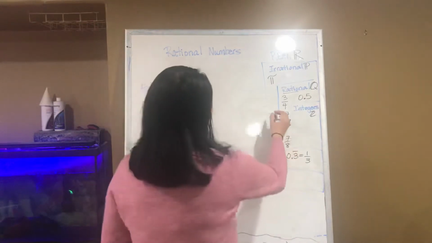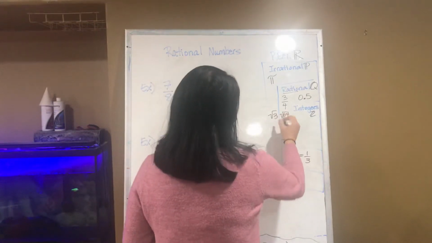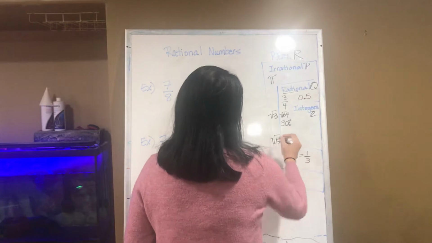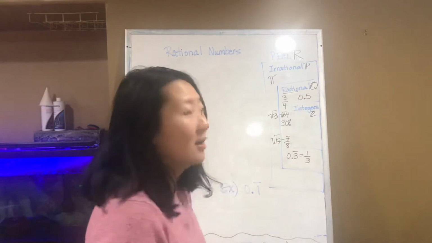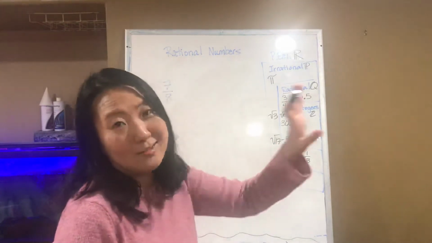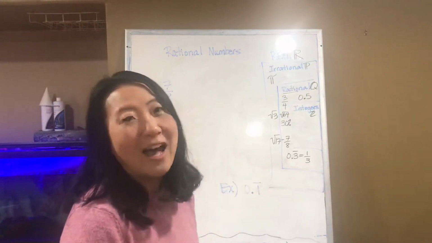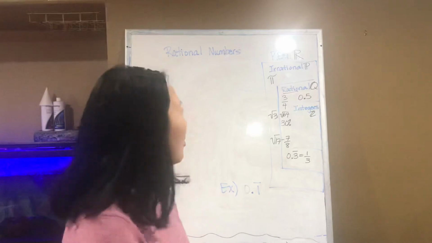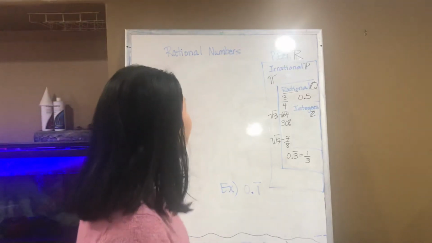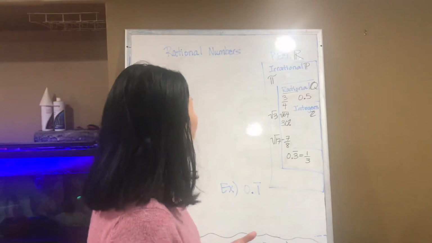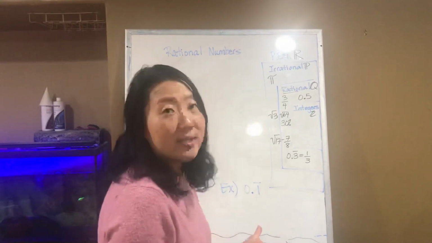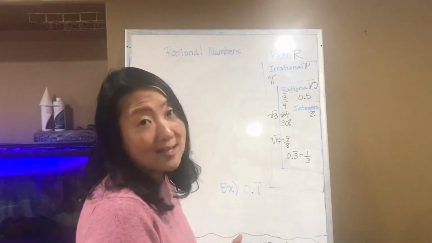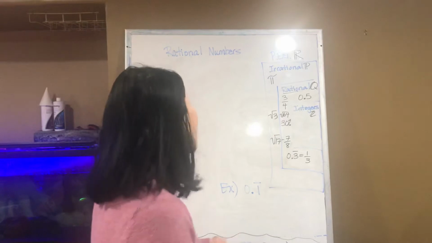But if I had the square root of 3 or the square root of 17, if I were to punch that out on my calculator, I would see as many decimal places as the screen would allow, but they wouldn't be in any pattern at all, and they do in fact go on forever. The last category is integers, which of course are any numbers that are on a typical number line, so positive and negative whole numbers and 0.